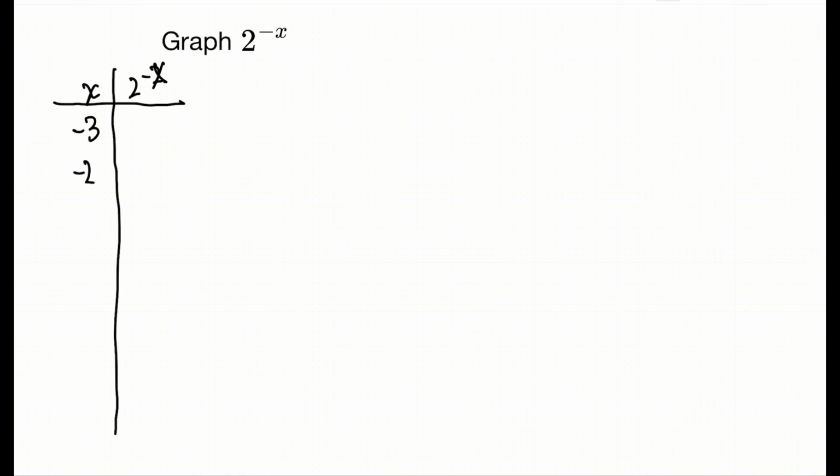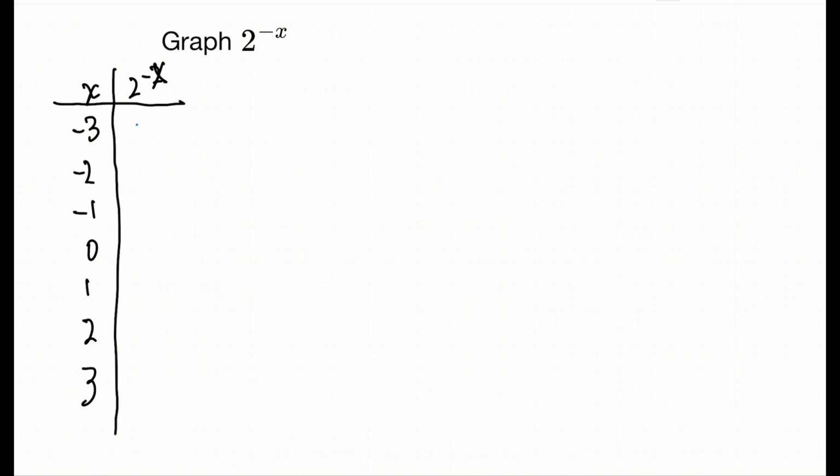So we're going to do the same thing. We're going to make our plot here, and we're going to pick the points. So this is going to be x, and this is 2 to the minus x. Minus 3, minus 2, minus 1, 0, 1, 2, and 3. So let's see what we do, plugging that in.